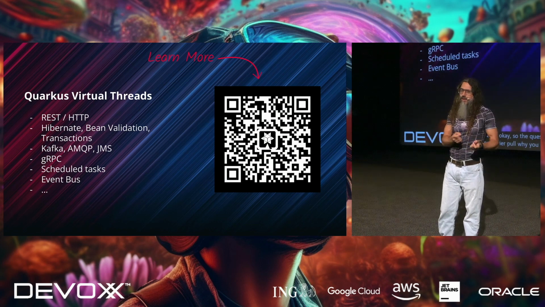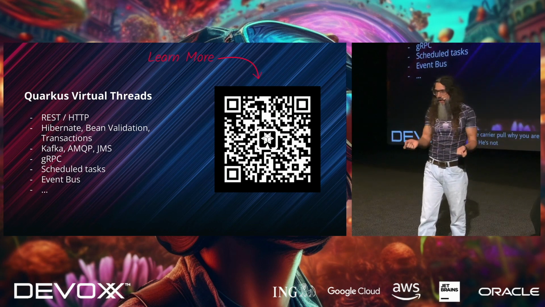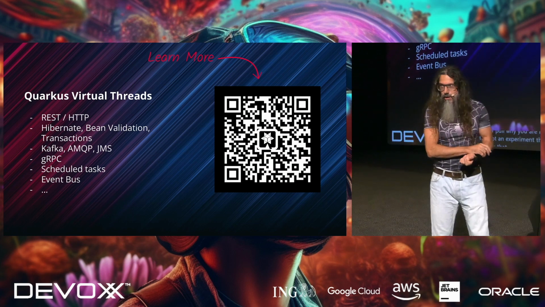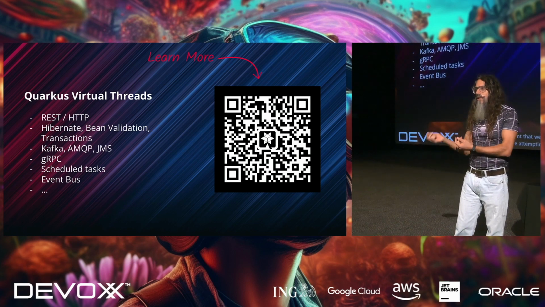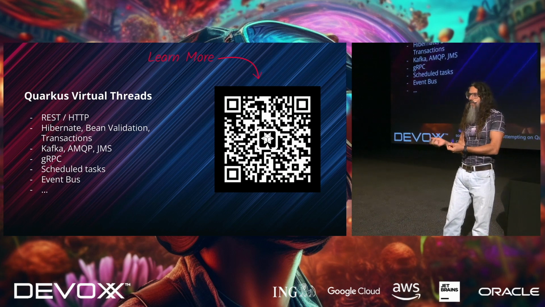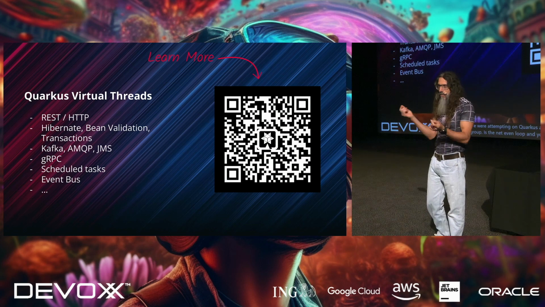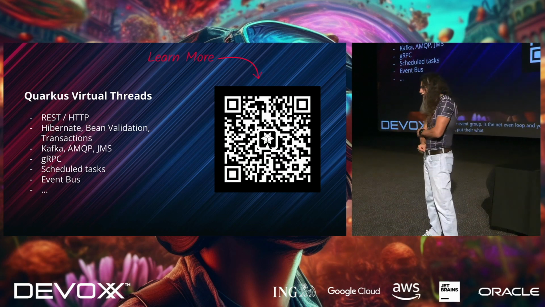First of all, this is not an experiment that we did in the void, it's something that we were attempting on Quarkus, and in that case, the event loop is the Netty event loop, and you cannot put there whatever you want.